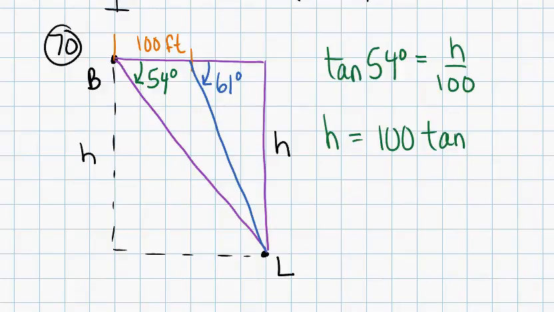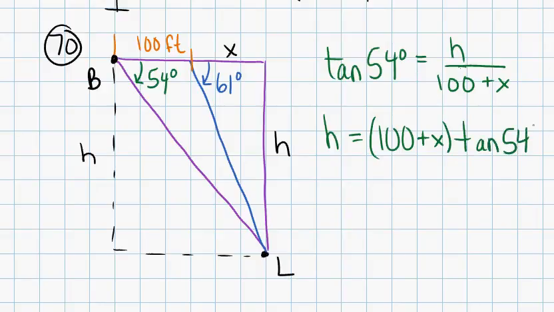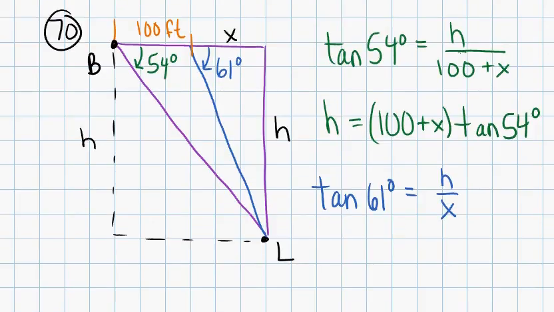It's 100 plus x. So it's 100 plus x, tangent 54. Then your other triangle has that the tangent of 61 degrees equals h over x. Therefore, h equals x times the tangent of 61 degrees.